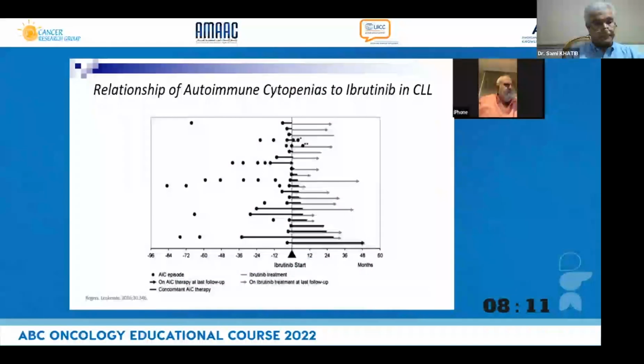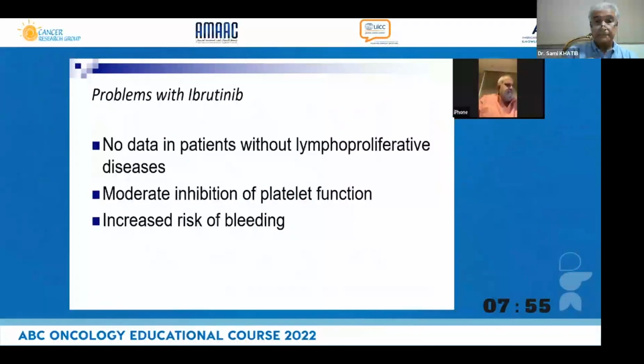Next slide, please. And we know that there is a robust relationship, if I may, of autoimmune cytopenias to ibrutinib in CLL, and it's being used for the treatment of autoimmune cytopenias. Next slide, please. But the problem of ibrutinib, as we all know, is that we don't have data in patients without lymphoproliferative diseases.